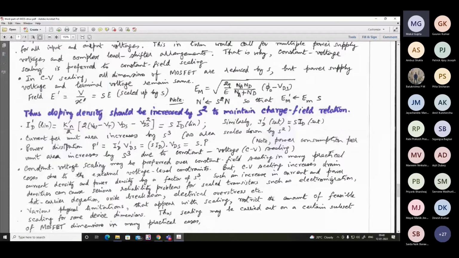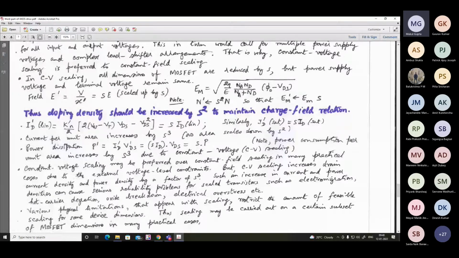You can also read from your book about another undesired characteristic of relentless downscaling, that is DIBL, drain-induced barrier lowering. Drain-induced barrier lowering means that the majority carriers for N-channel transistors have to move from the source side towards the drain side.